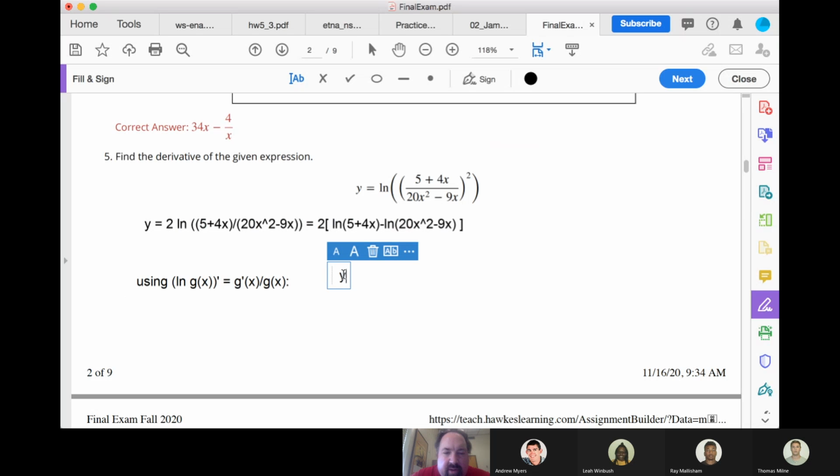what we get is y prime is equal to, we're going to have a 2 multiplying everything. So it'll be derivative of 5 plus 4x, which is just 4, over 5 plus 4x, minus derivative of this part. So that would be the derivative of the function inside. So that would be 40x minus 9 over 20x squared minus 9x.